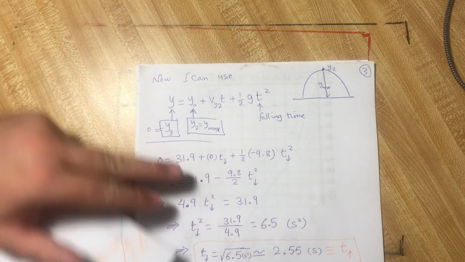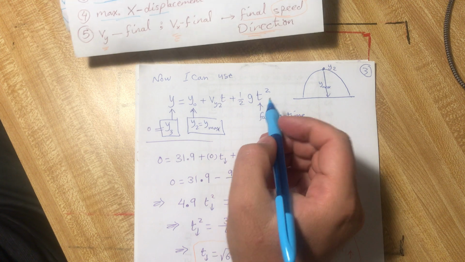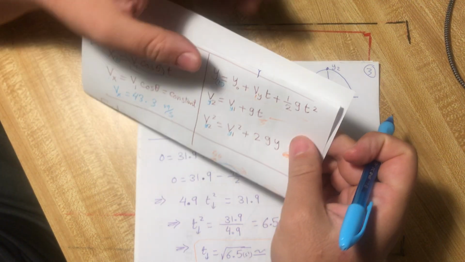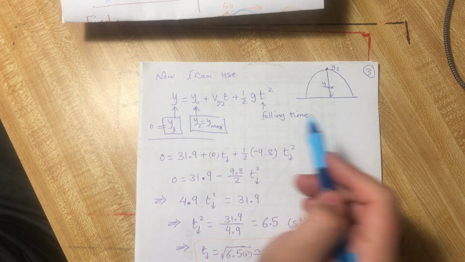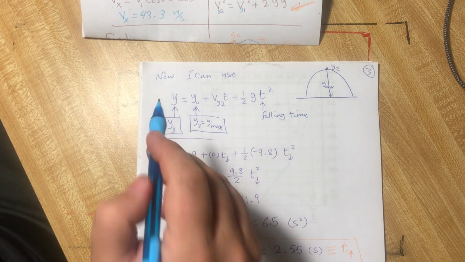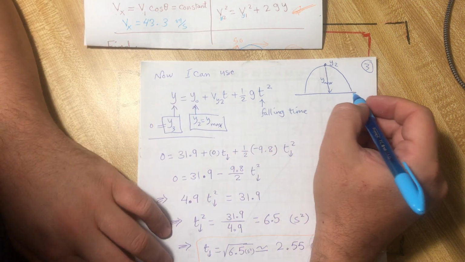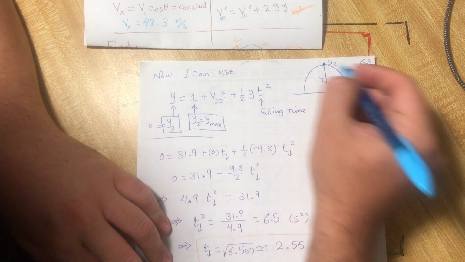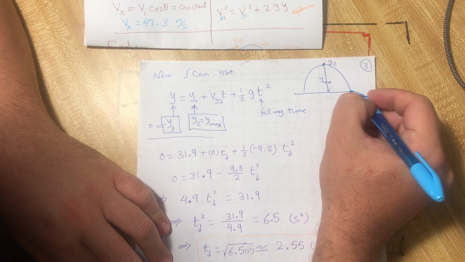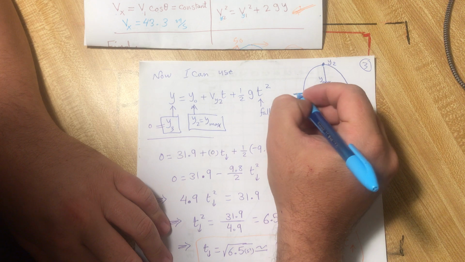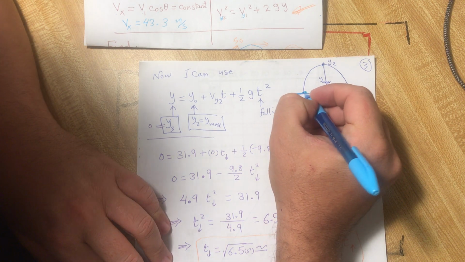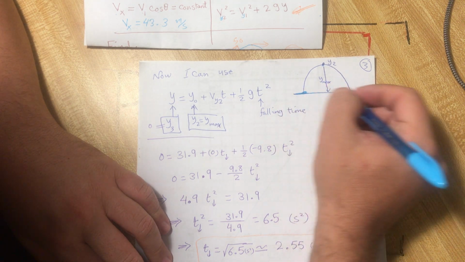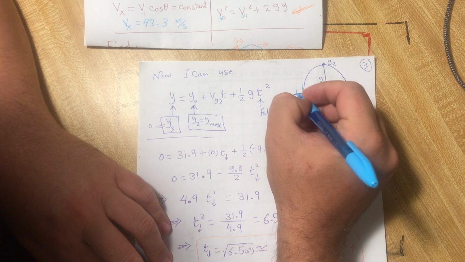I can now use the first equation, this one. y3 here, this is y2. y3 is equal to 0. It is the same altitude as the initial point, which is 1 and 3.